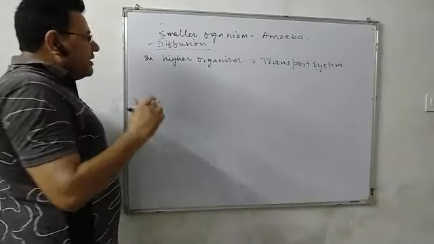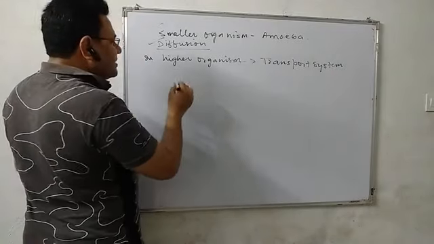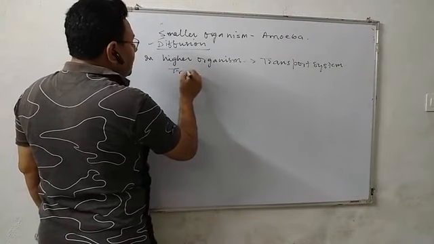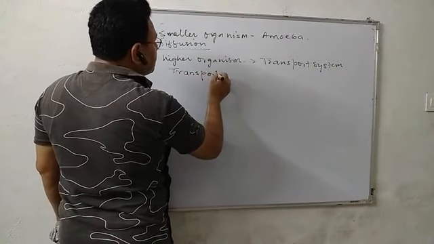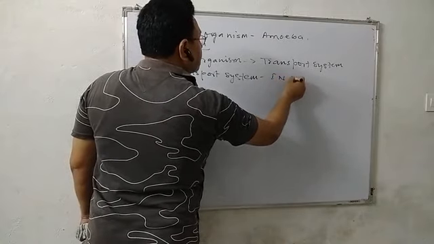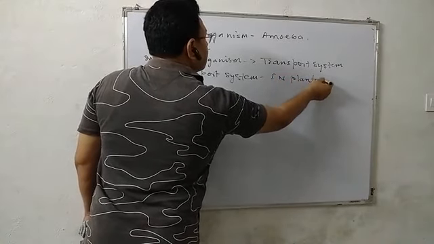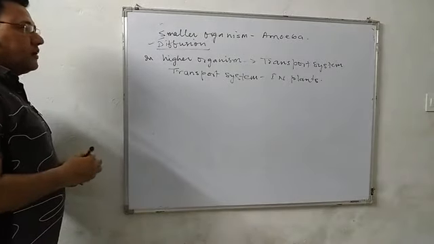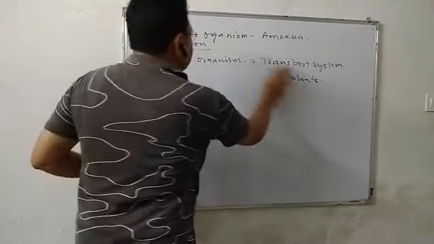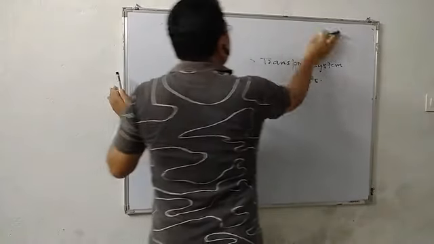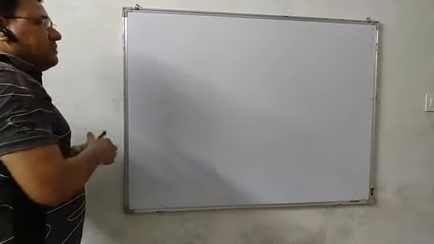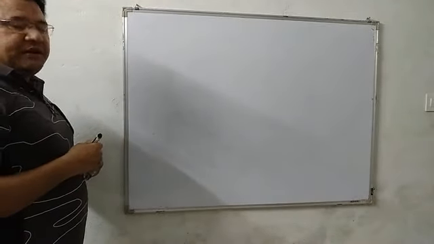Here, our aim is to discuss how this transport takes place in plants. So we are going to discuss the transport system in plants. In this session, we will discuss what things are present in the plants by which these minerals and foods get translocated.